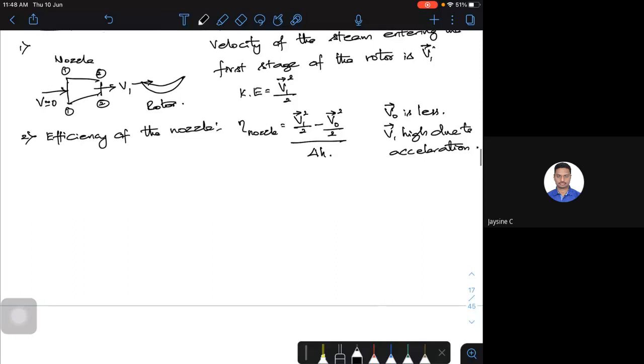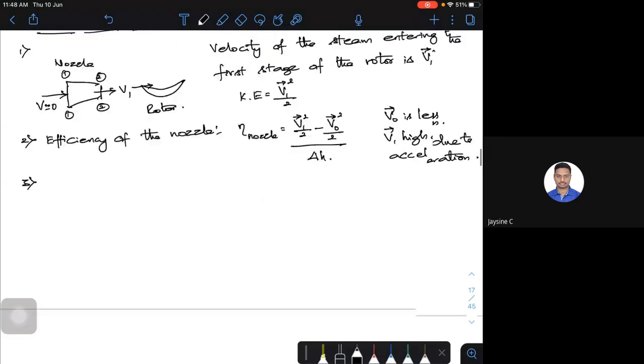Now, the third one. As I told, when I go for multi-staging, we have something called stage efficiencies. The gross stage efficiency of any multi-stage turbine is always greater than that of a single stage turbine. Already we have seen yesterday the single stage efficiency we got. But if I consider 3 stages, the gross stage efficiency of a 3-stage turbine is greater than the same work done by a single stage. That's the advantage of going for this kind of multi-staging, just like multi-stage compression and multi-stage expansion.